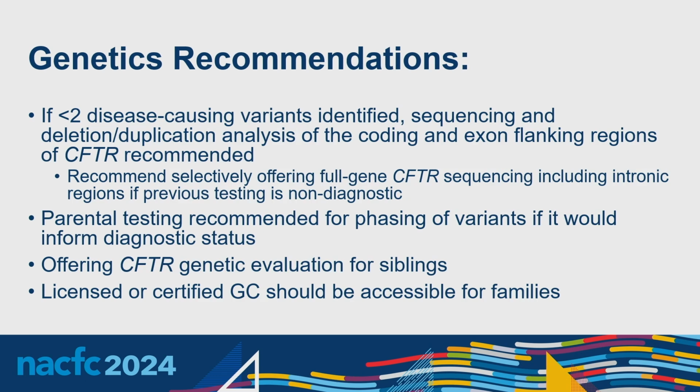The first one recommends that people with CRMS CFSPID who have less than 2 disease-causing variants identified by newborn screen should undergo sequencing of the coding and flanking regions and deletion/duplication analysis of the coding and exon flanking regions of CFTR.